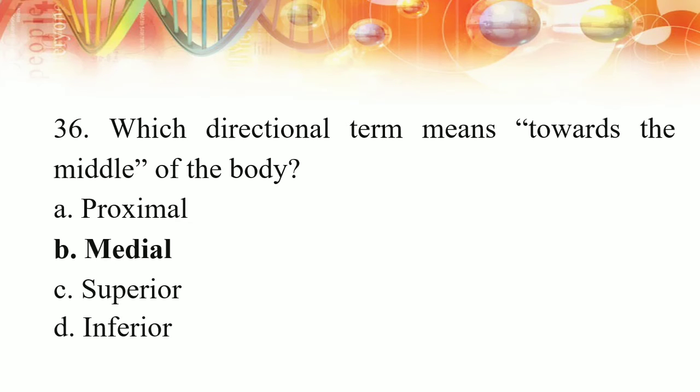Example, the nose is superior to the mouth. Proximal describes a position in a limb that is nearer to the point of attachment or the trunk of the body. Example, the shoulder is proximal to the elbow. Medial describes the middle or direction toward the middle of the body. Example, the chest is medial to the arm. Clearly, the correct answer is medial.